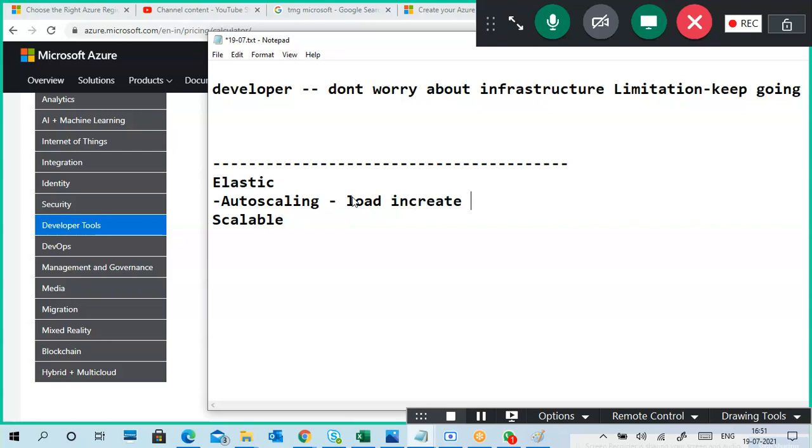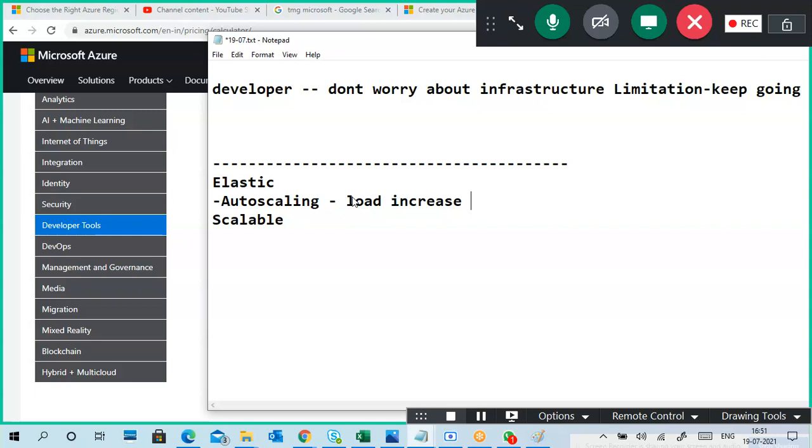If you have a normal server, it has a limitation. If the load increases, you have to deploy multiple servers to balance the load. But here it is auto scaling automatically.